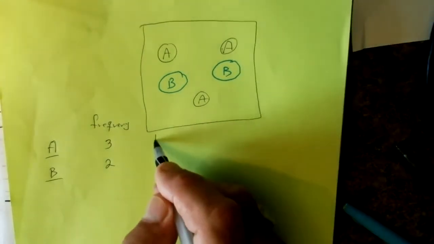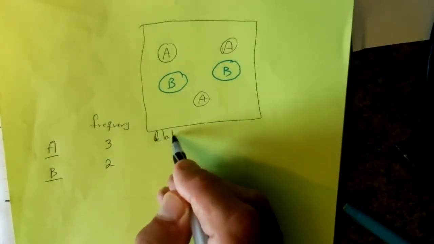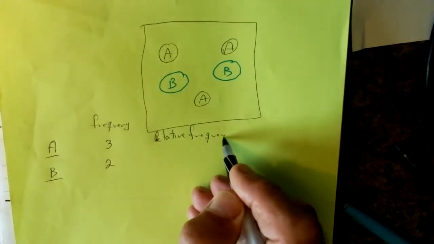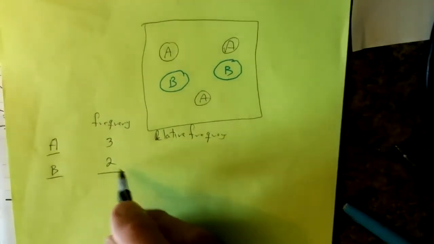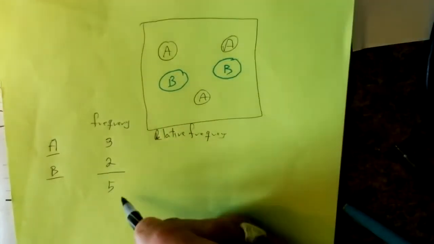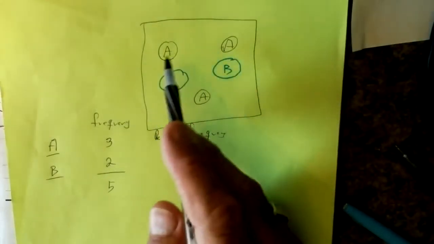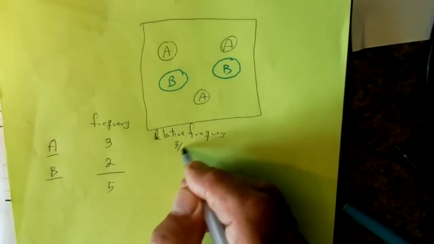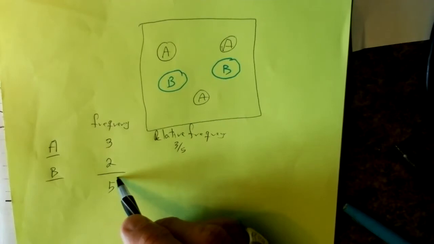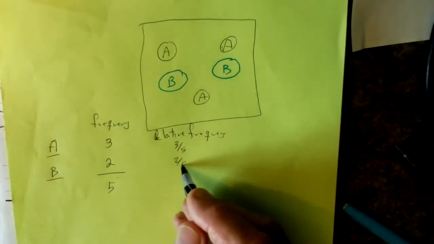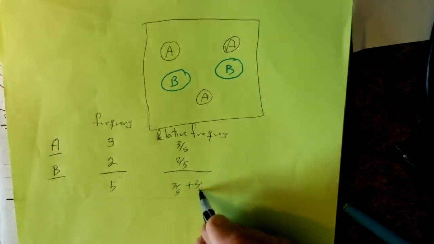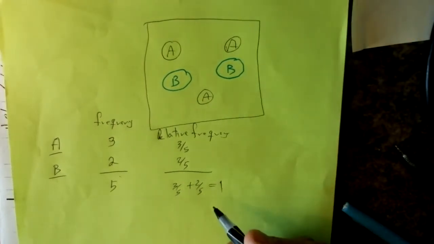And later on, we talk about relative frequency. To calculate the relative frequency, you add these two, and out of five letters, how many of them are A? It's 3 out of 5. And how many of them are letter B? 2 out of 5. And you understand the sum always has to be 1 or 100%.